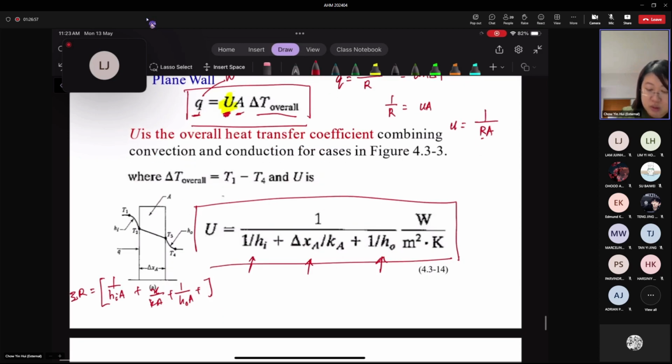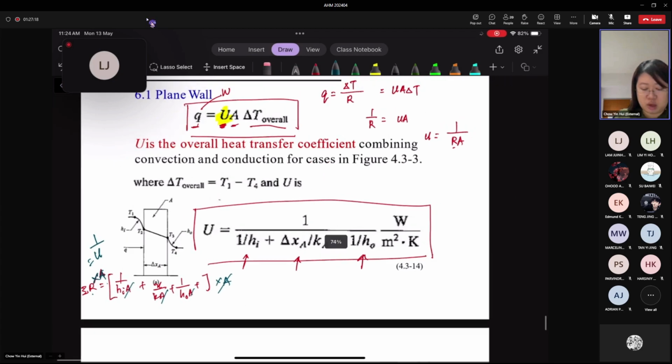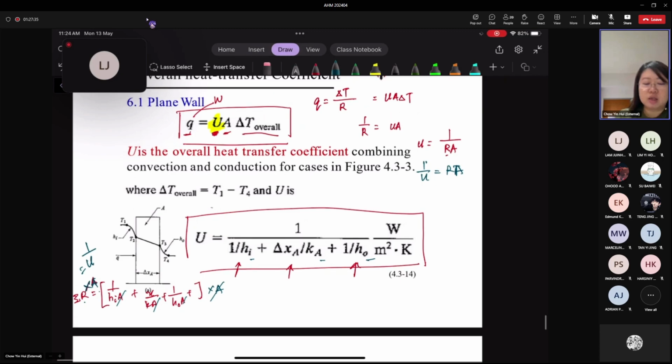If you multiply both sides by area, this will cancel out each of them, and then the resistance multiplied by area equals 1 over U. It's just rearrangement: 1 over U is also equal to RA. So that's why you didn't see any area term here. That's the overall heat transfer coefficient.